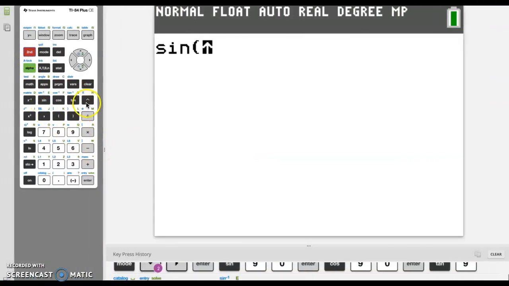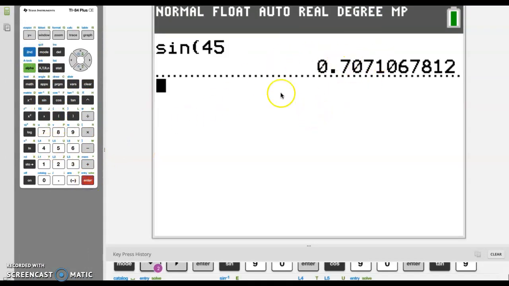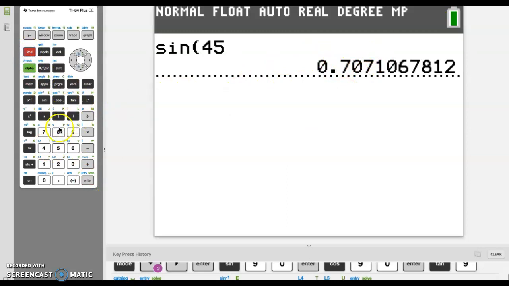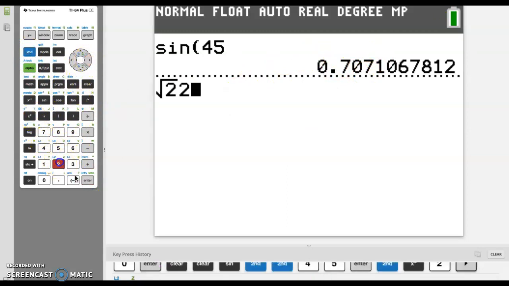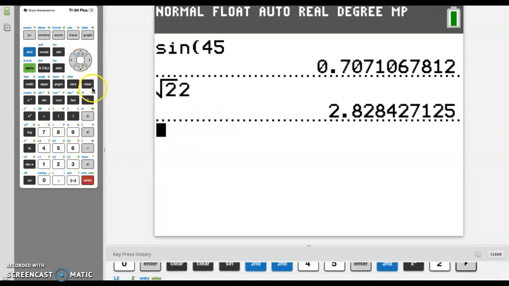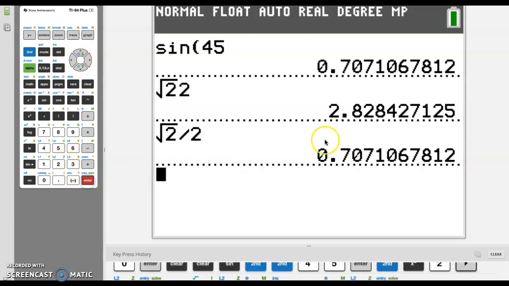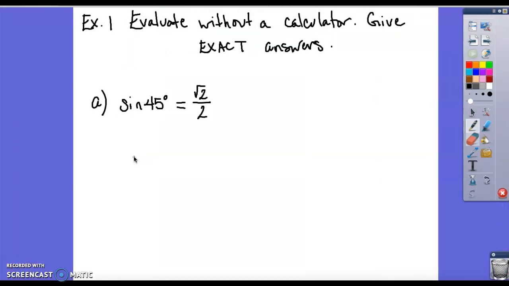Sine of 45 on my calculator is 0.707. I can verify that it's square root of 2 over 2 if I know that, but the calculator is not going to tell me that. So to get an exact answer, I've got to know that unit circle.